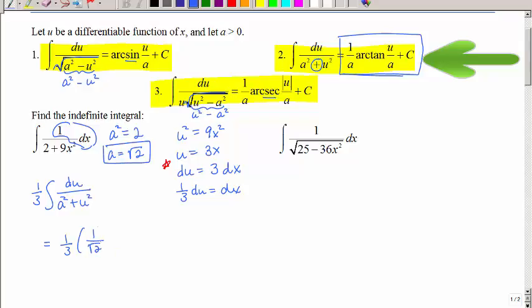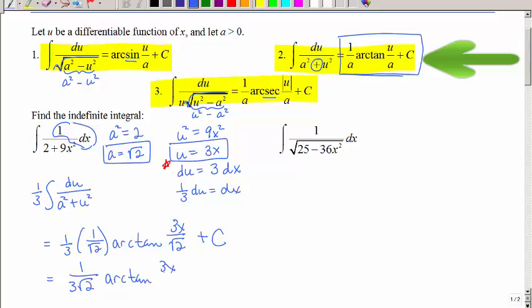The square root of 2, times the arctan of u over a, plus c. So we'd have 1 over 3 square root of 2 times arctan of 3x over the square root of 2, plus c. So again, identify your variables, your constants, and don't forget to figure out if you have du.